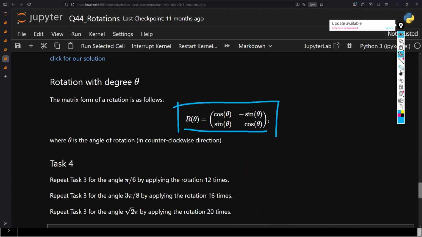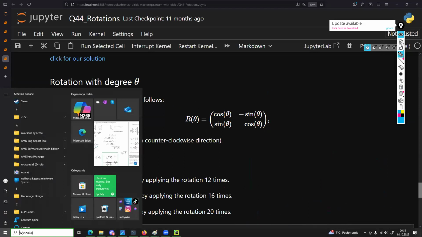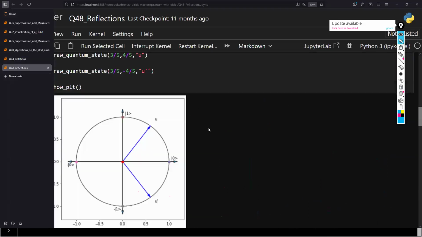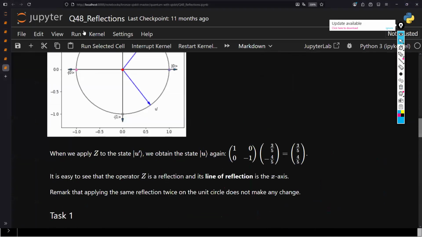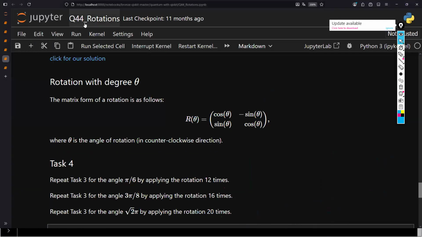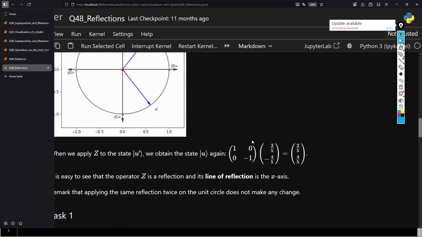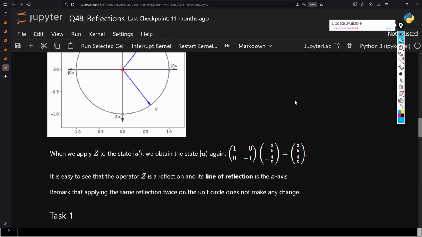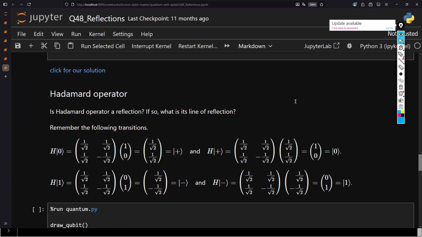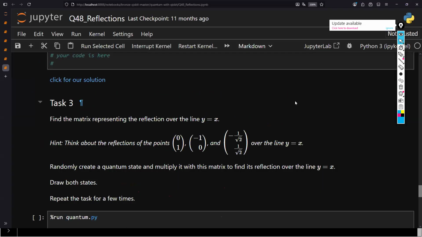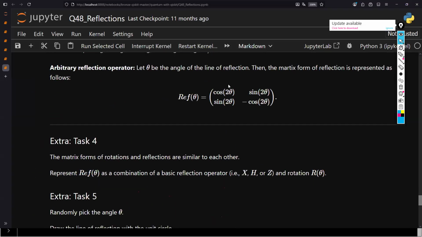There is also a matrix for the reflection in the second notebook, which is Q48. So about rotations, it is Q44. About reflections, it is Q48. And so the exact formula is here.